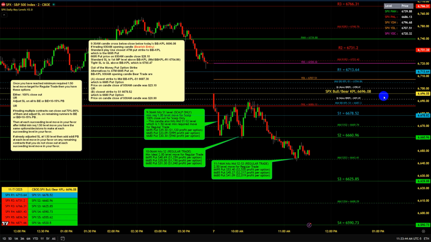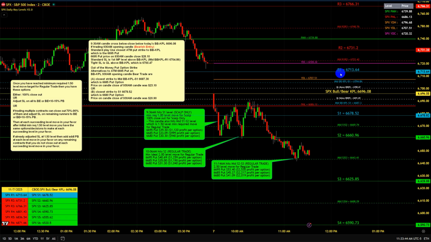So keep in mind that if instead this had been a bullish trade, this had closed above, we were taking the 9:30 a.m. opening candle trade, it closed above, well, our at the money standard play would still be the same because it's based on this level. So in that case, we'd be using a 66.95 call, and then for the out of the money strikes to consider on a bullish trade from this level, we would simply look above to the half level here, 67.0486, so it would be the 67.05 call.